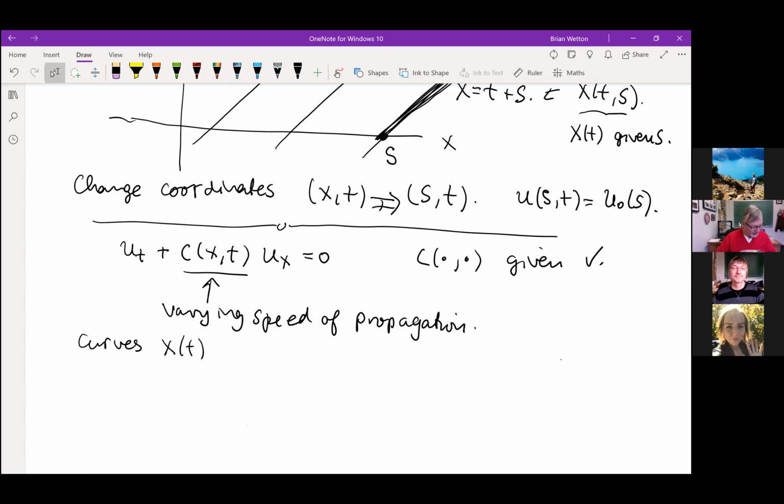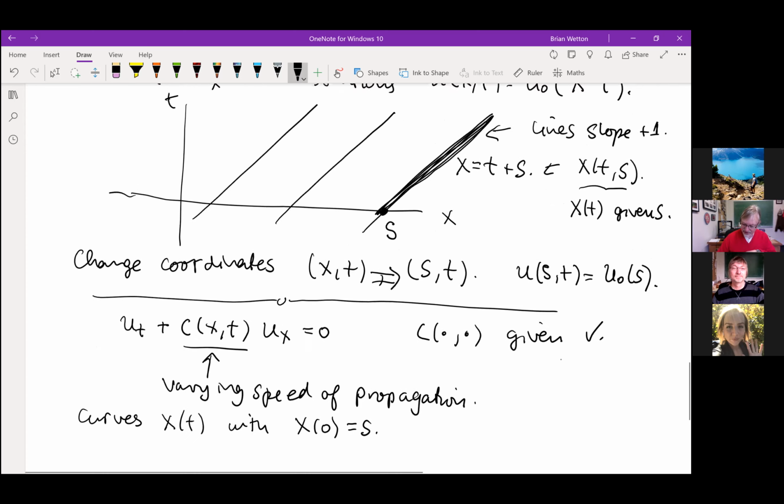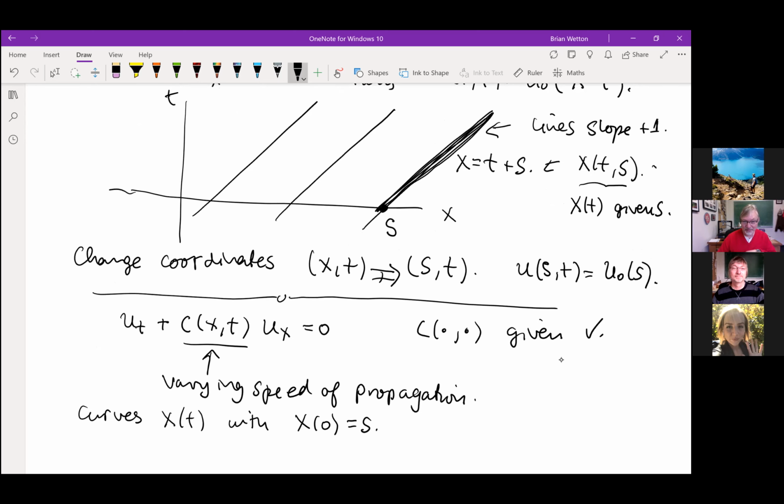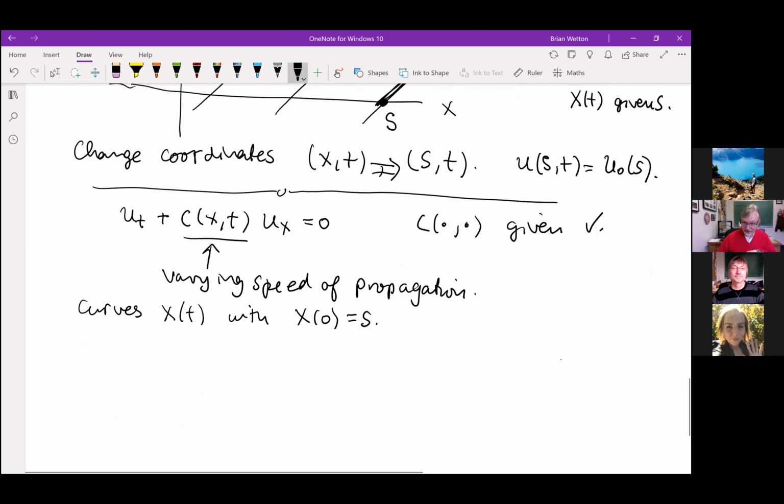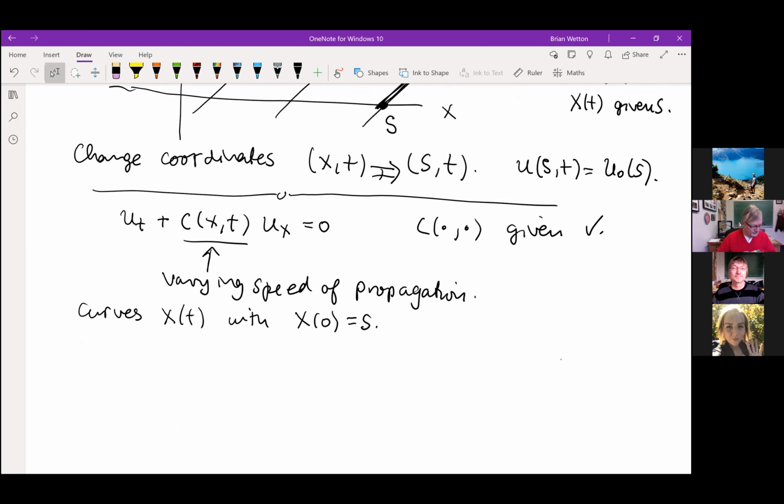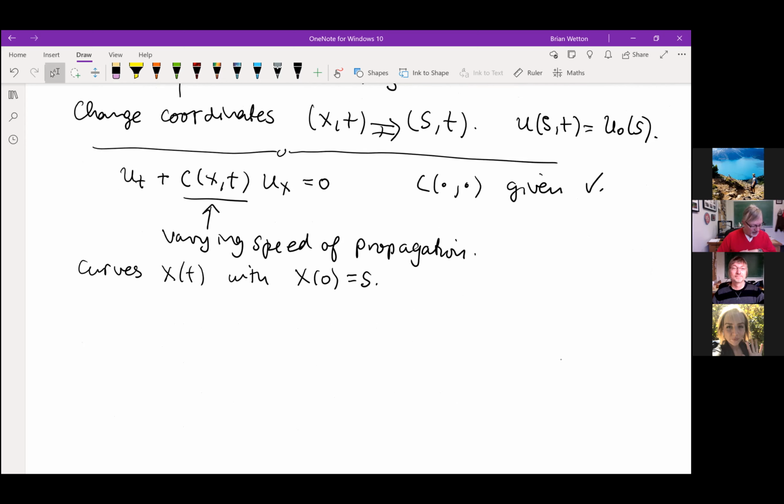Now we're going to look for these kind of curves with a starting location, which is s. So if we did this game for the simple problem, the curves we would look for would be x is t plus s. They'll be a little bit different in this case. Well, let's have a look and see what happens.